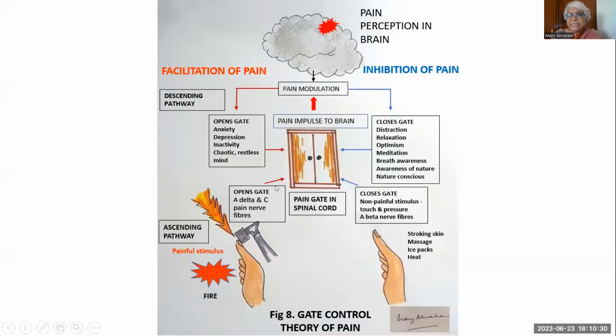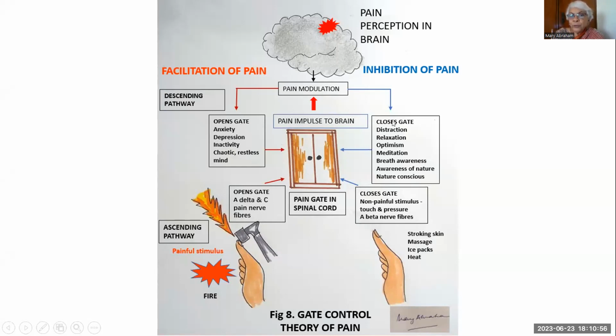Okay, so this is the gate control theory of pain. This is the spinal cord and there is something like a gate over here. When you have an injury, the A delta and A beta fibers get stimulated. But what they do is they actually open the gate, and also things like anxiety, depression, and inactivity, all that also opens the gate.